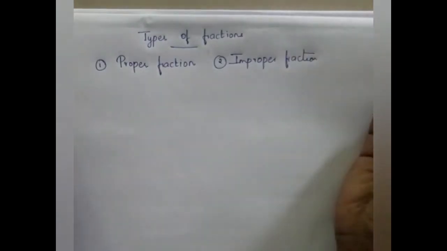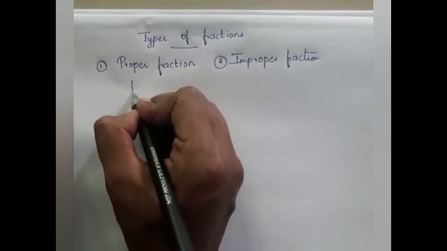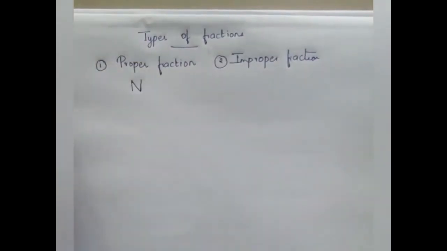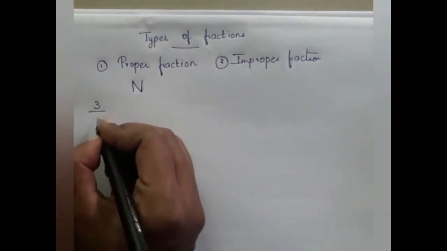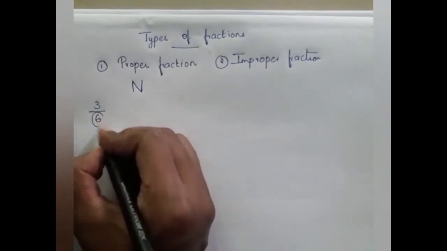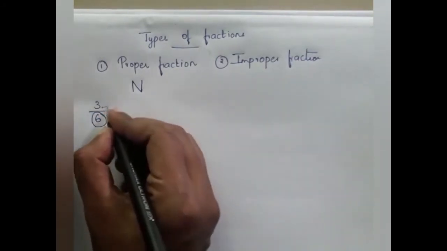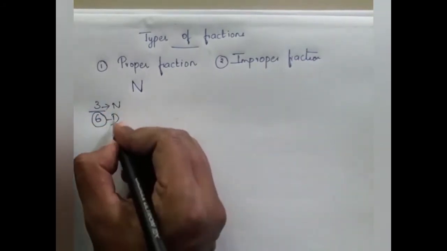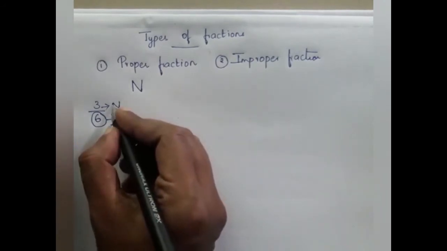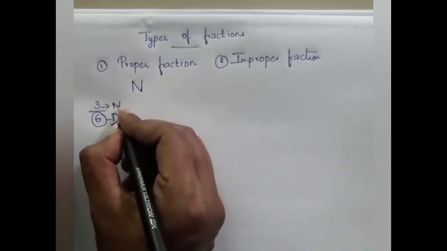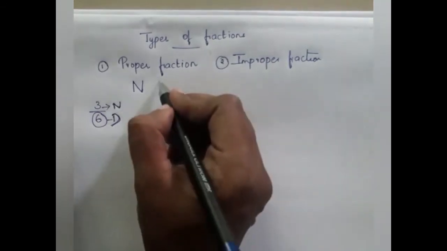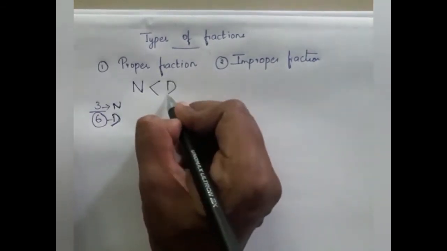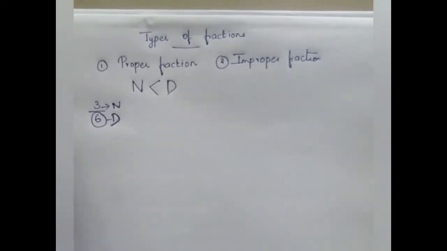So very easy. Proper fraction means always you have a fraction, with a denominator and a numerator. What is denominator, what is numerator? If you are writing a number 3/6, which is the denominator? This is denominator and this is numerator. The number which lies down is denominator, the number which lies up is numerator. So in proper fraction, what you have to see is always the denominator is greater than the numerator.